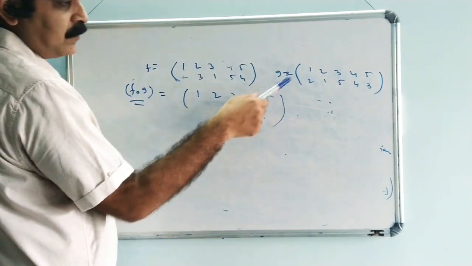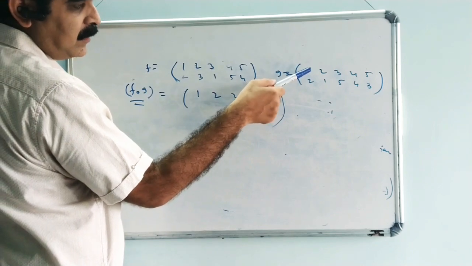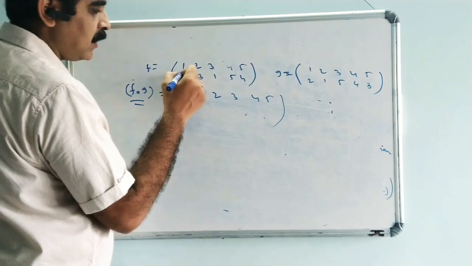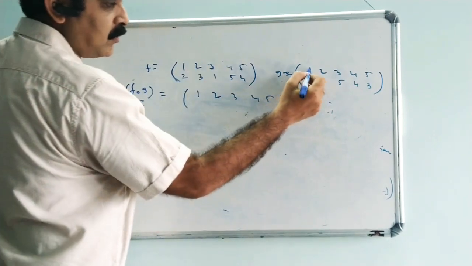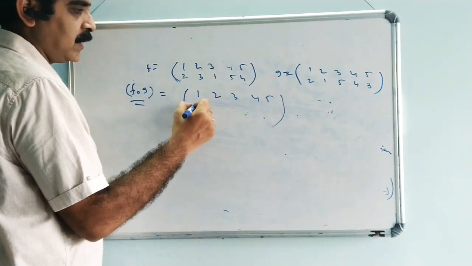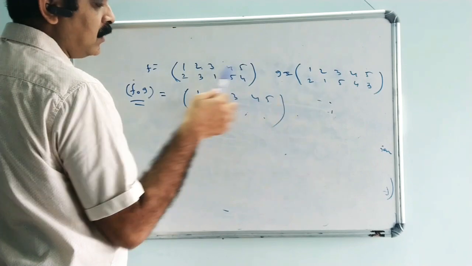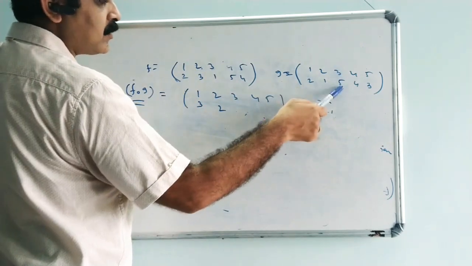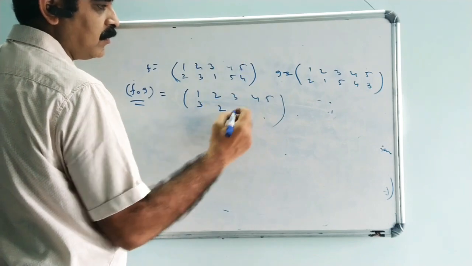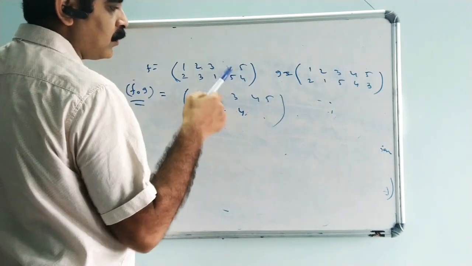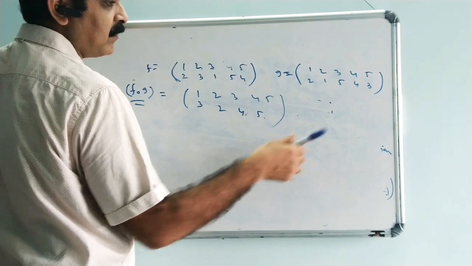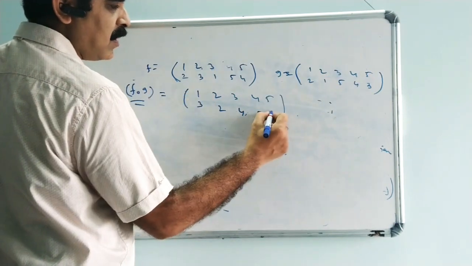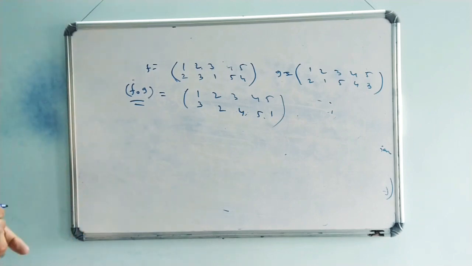The image of 1 with respect to G is 2, and then 2 goes to 3. 2 goes to 1, and 1 goes to 2. 3 goes to 5, 5 goes to 4. 4 goes to 4, and 4 goes to 5. 5 goes to 3, and 3 goes to 1.